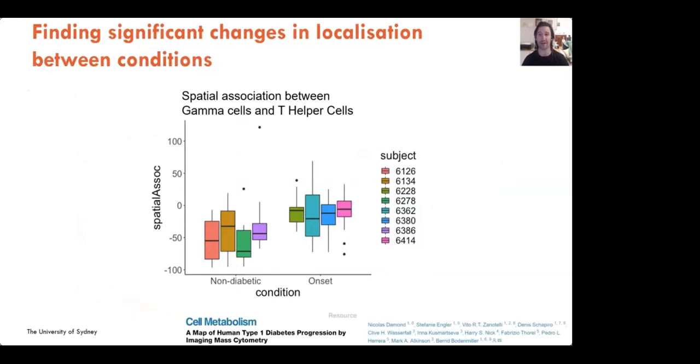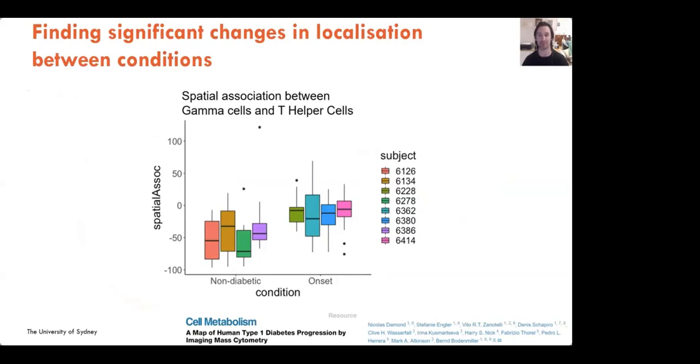On their own, the K function, or any other measure of spatial localization, only gives us a measure of the association in one tissue, but doesn't tell us how that association may change. Here we have some data from one of the Boda-Miller group's manuscripts.